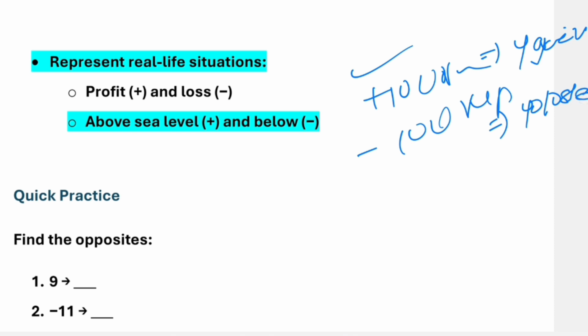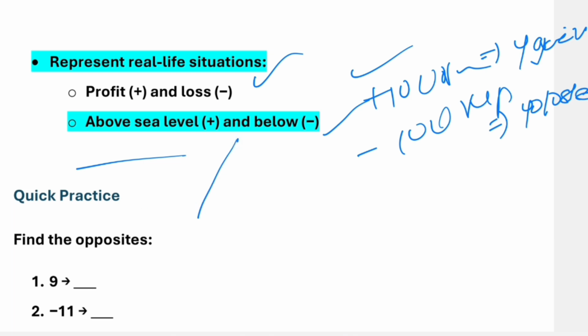Sometimes you use opposite numbers in profit and loss. I'm talking also about sea level, positive and below level. I think you understood the opposite numbers.